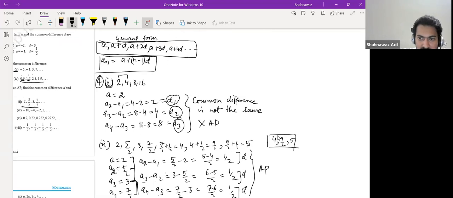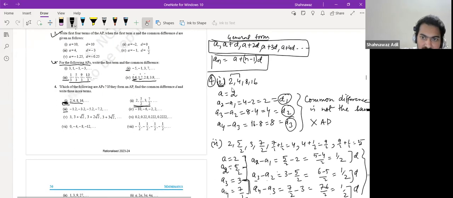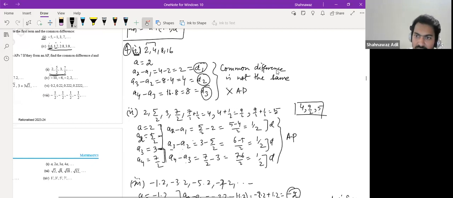You can use any method. If they want us to calculate the fifth term, a plus 4d would be the fifth term. But the fifth term would also be A4 plus d, right?